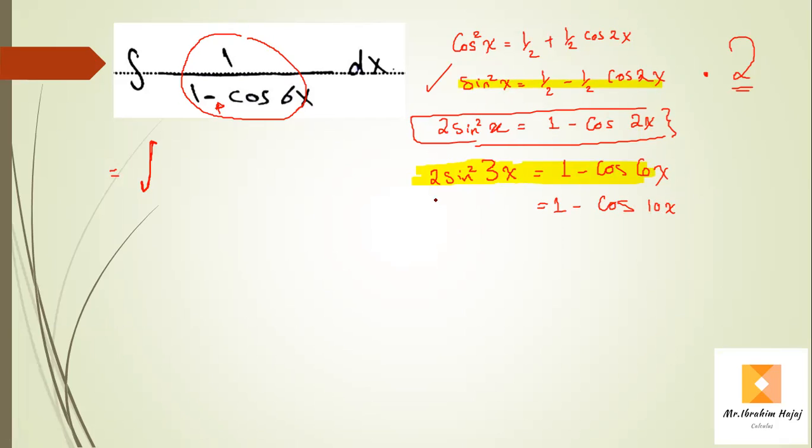What should I write here at the left side? 2 sine squared half the angle, here 5x, and so on. So we replace with 2 sine squared half the angle, which is 1 minus cosine double the angle. So replace 1 minus cosine 6x with 2 sine squared 3x.